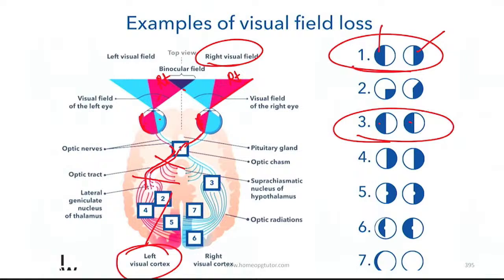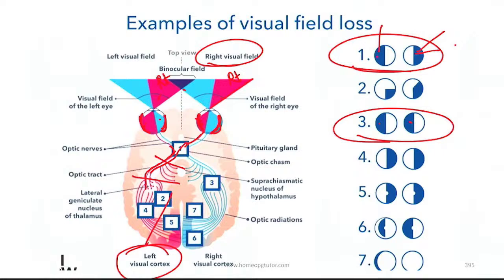What are the crossing fibers? Only the crossing fibers are affected. That means, if you can see over here, the nasal fibers of the left eye and the temporal fibers of the right eye have been affected. According to this one, the temporal side of the right eye and the nasal fibers of the left eye have been affected.